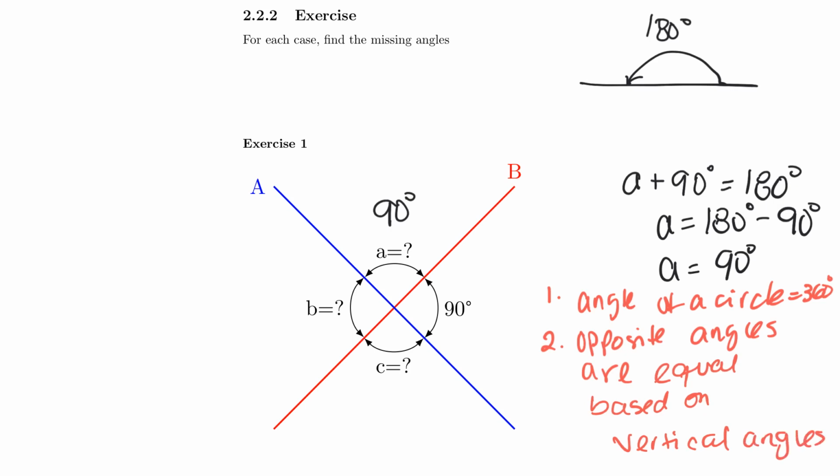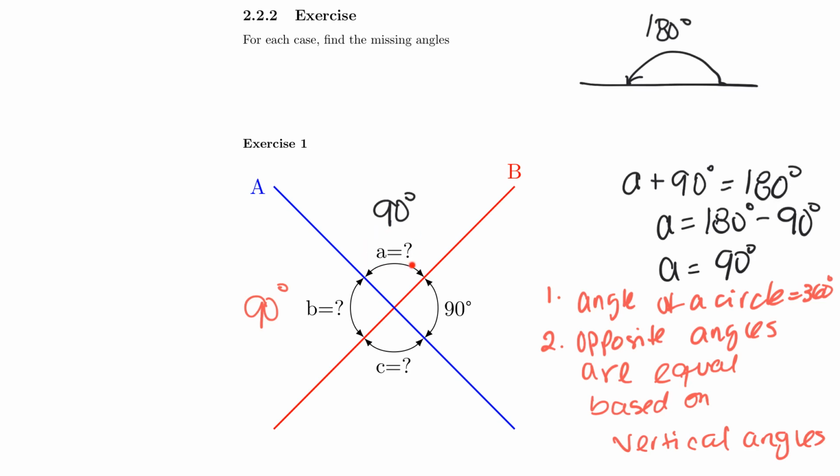Okay, so since we are in the vertical angle lecture, let's apply the vertical angle knowledge. We know that this angle here is 90, which means that this angle B is opposite, making angle B equal to 90 degrees. All right.